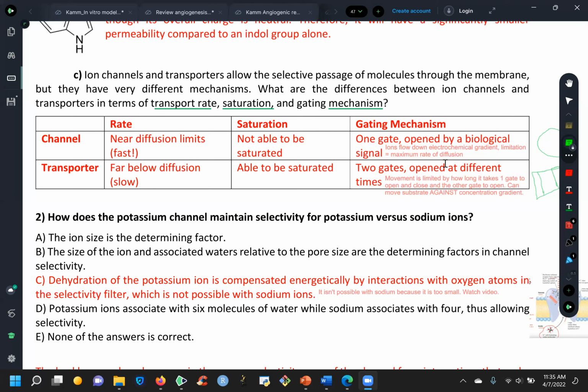For transporters, they move against their electrochemical gradient. So for a transporter, if I had 1 million sodiums over there and only 1 over there, that 1 sodium will move across against the gradient. Channel can't be saturated. It means it can't get full. You just open the door and then everyone goes through. It can't get saturated. The transporter can.